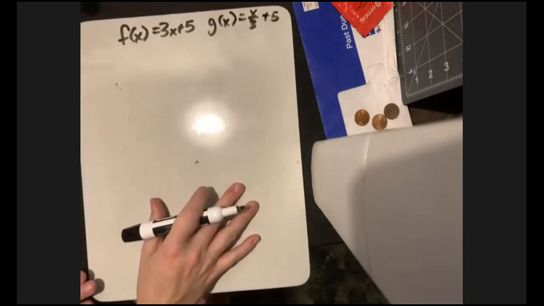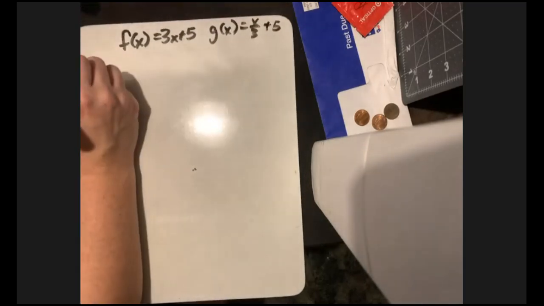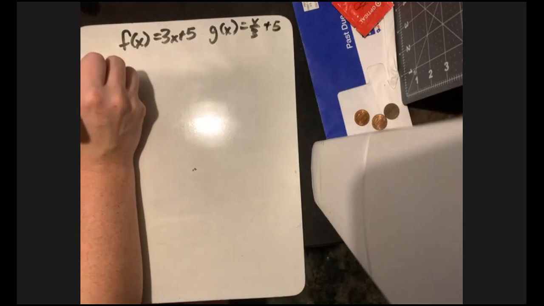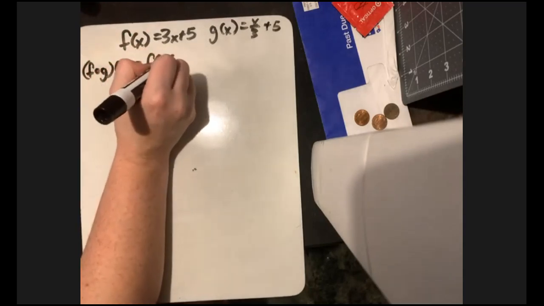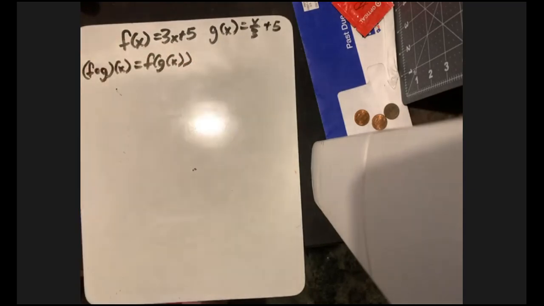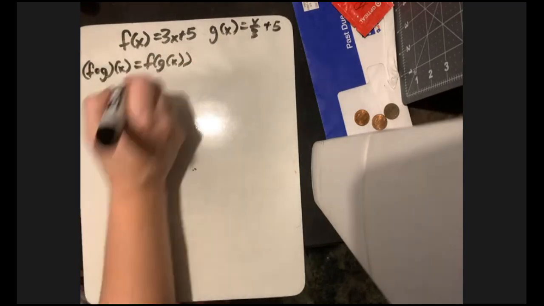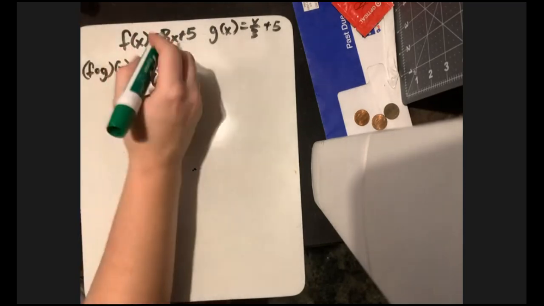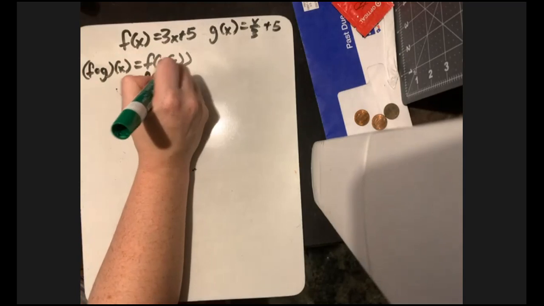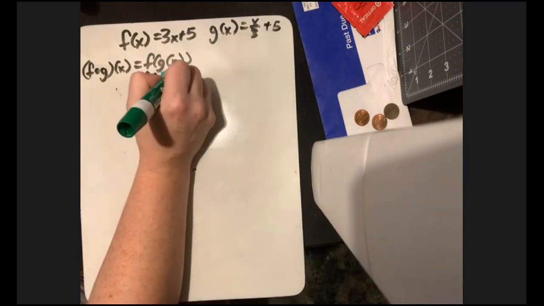Okay, here we go. The first thing we're doing is f composed with g of x. So it's f of g of x. I'm going to keep our process going here. So this is f of x over 3 plus 5.